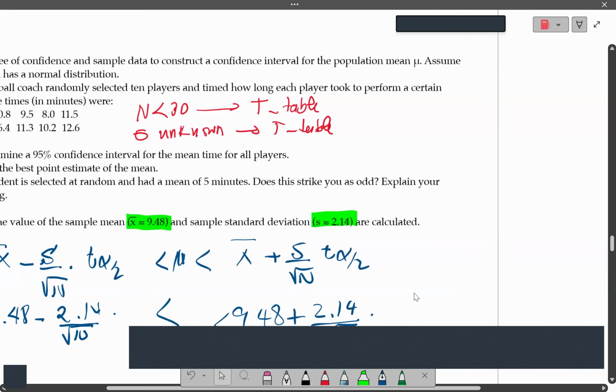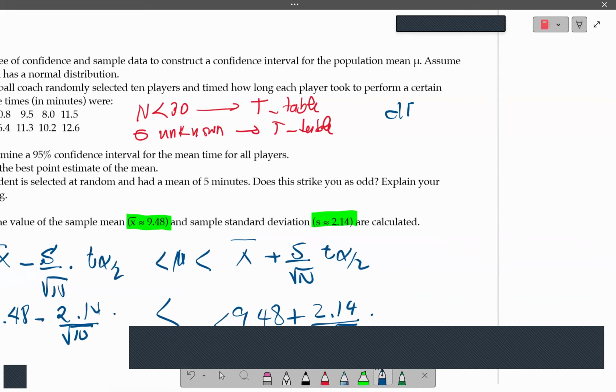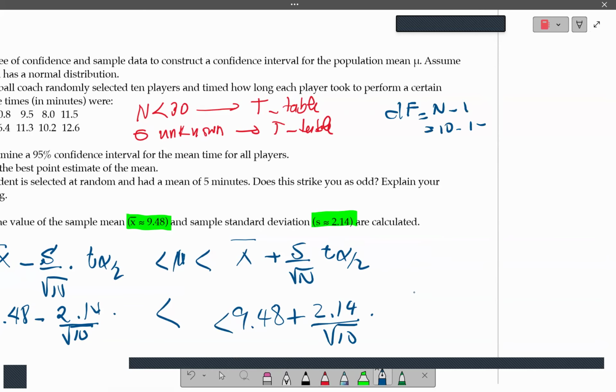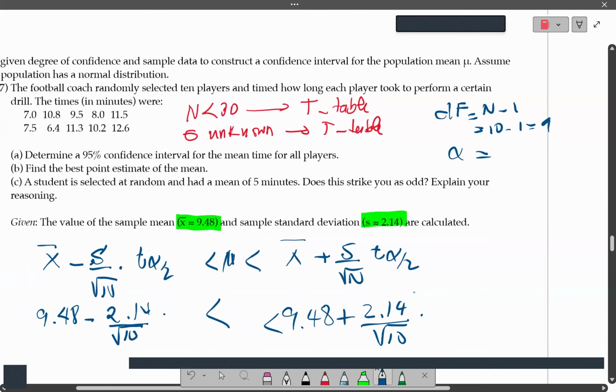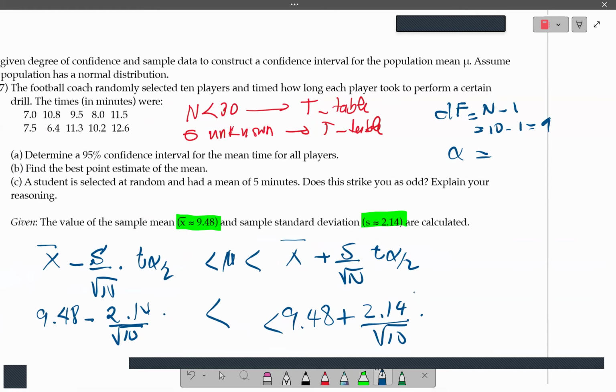In order to determine the T, I need degree of freedom, which is n minus 1, and this is going to be 10 minus 1, which is 9. I need the alpha, and since this one is confidence interval, the alpha is 0.05.